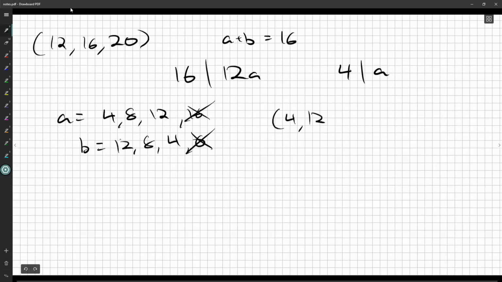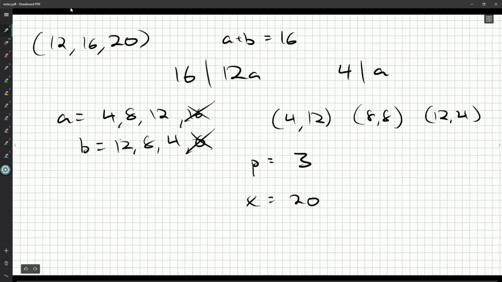So we could have 4, 12, 8, 8, or 12, 4. And in this case, the x value is 20 for all of them. What would the p value be here? So it would be 3, 6, or 9. Well, that's kind of cool. And then what's the other one?